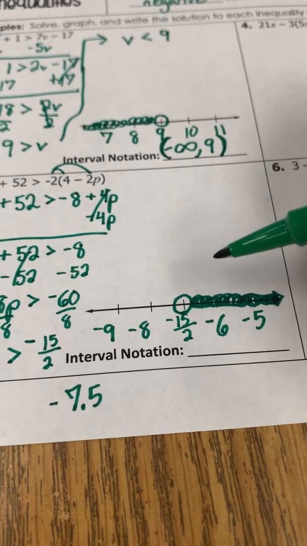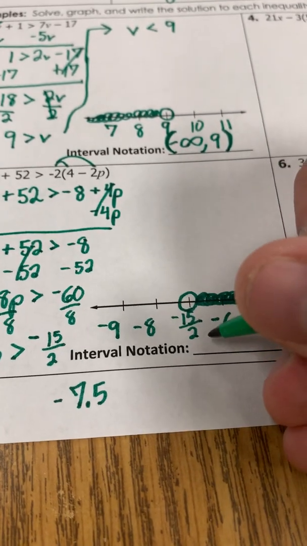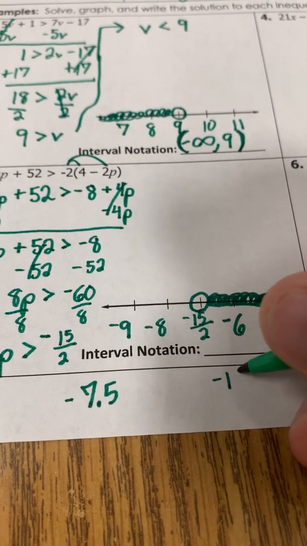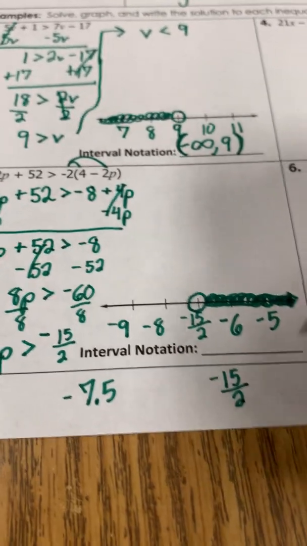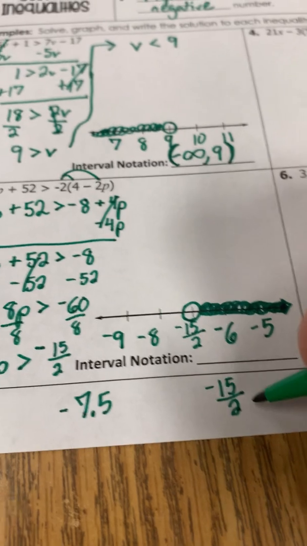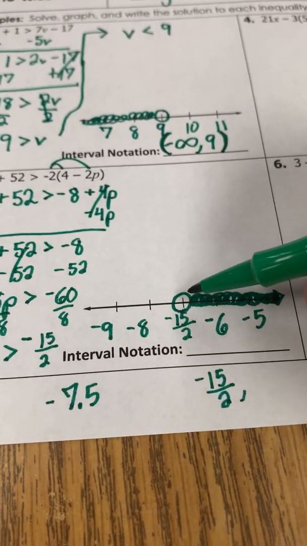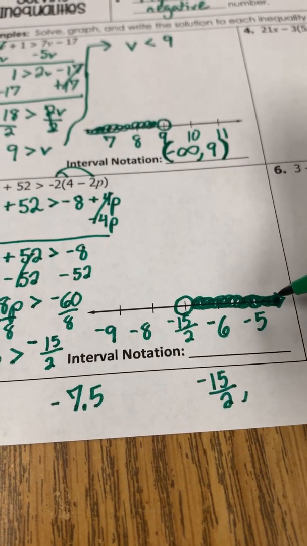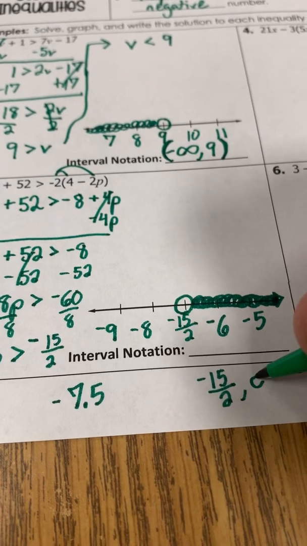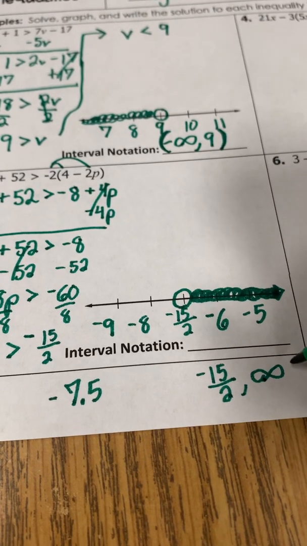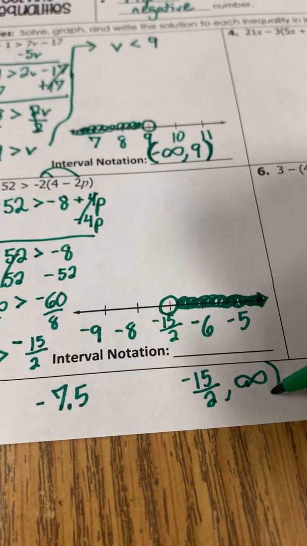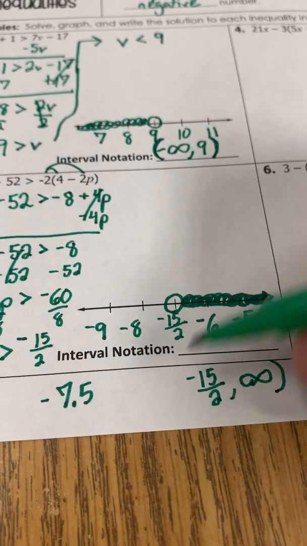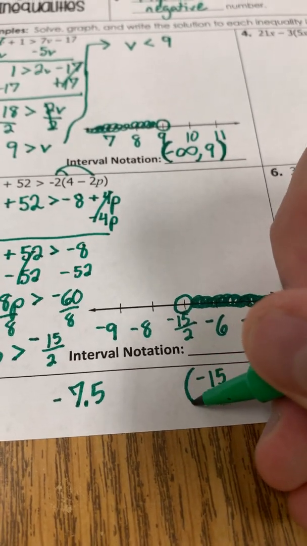Okay, and then if we read the shading, we start here. I don't have room. I'm going to write it right here, negative 15 halves, because yes, I'm a rebel. Not really. And the shading keeps going all the way, continuing until infinity. Infinity gets a parenthesis because it always does. This is open circle, so it also gets a parenthesis.